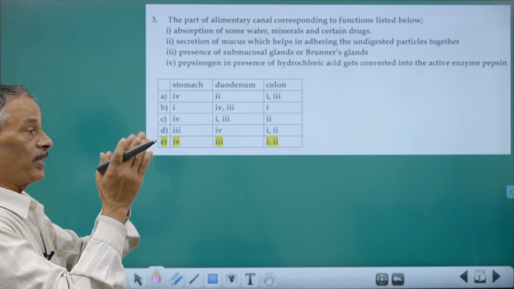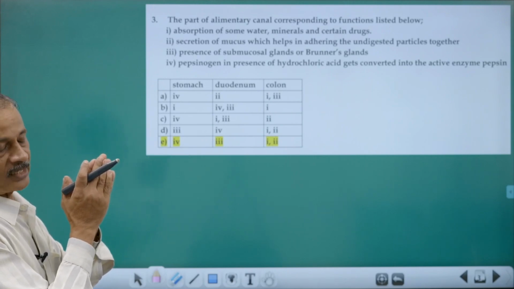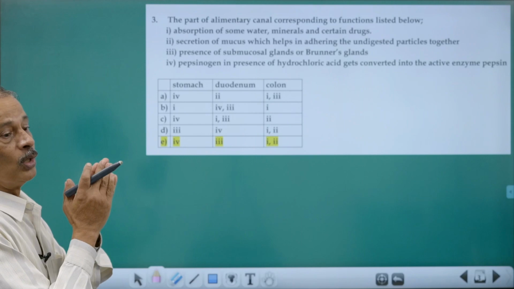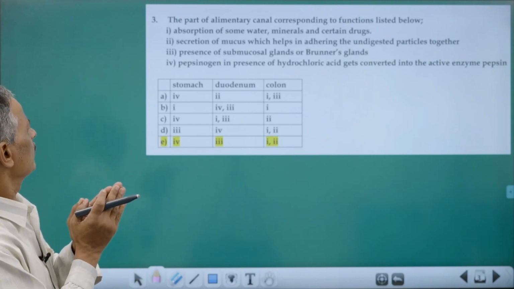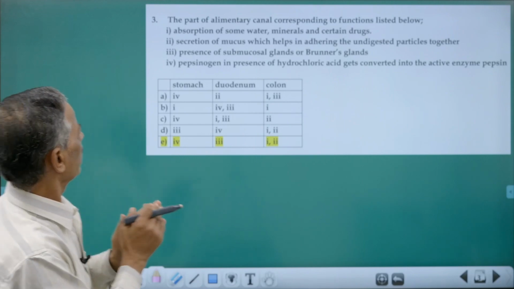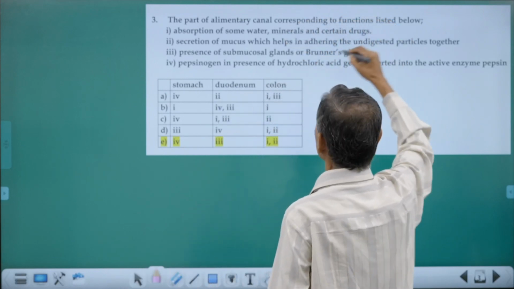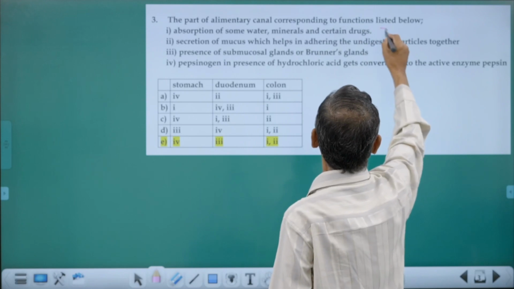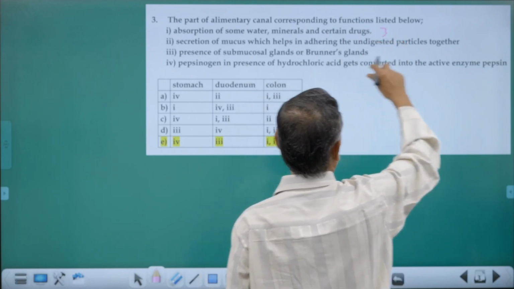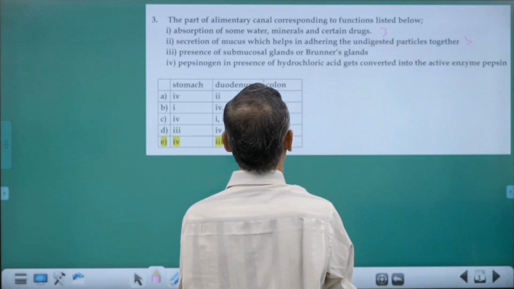They help in holding together the undigestible material and converting it into a semi-solid paste. That is the function of the colon. So water, minerals and certain drugs, it is colon. Secretion of mucus is also colon.